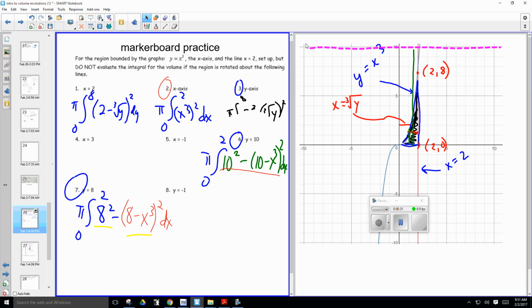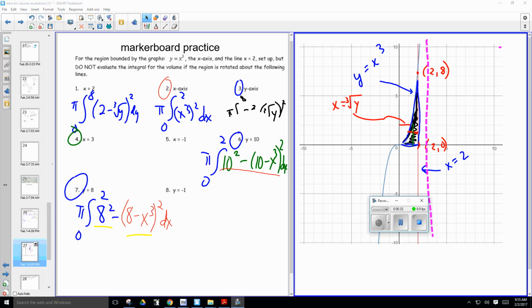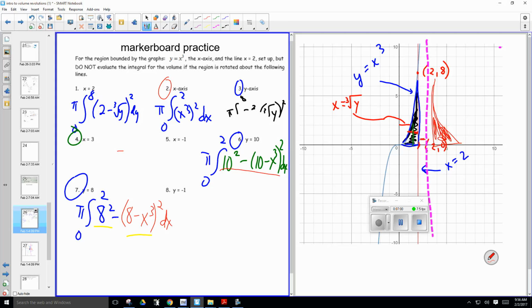Okay, let's do another. So the outside is the variable. So x equals 3. The purple line up here. So after I poorly illustrated that, we're talking about this shape right here. Okay? This time, the outside is not a cylinder, but the inside is a cylinder. So what's the radius of the cylinder on the inside? The radius is 1.